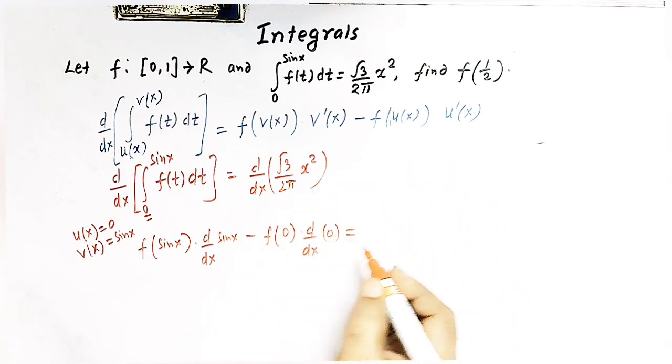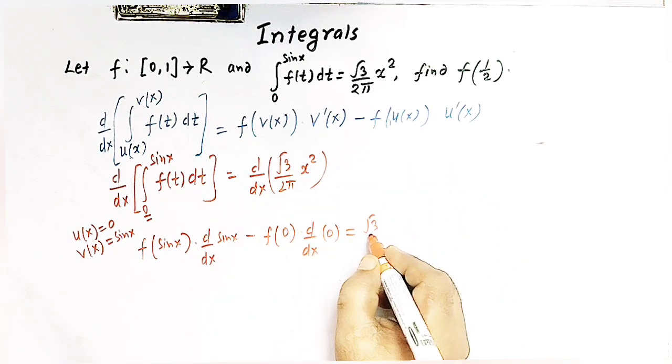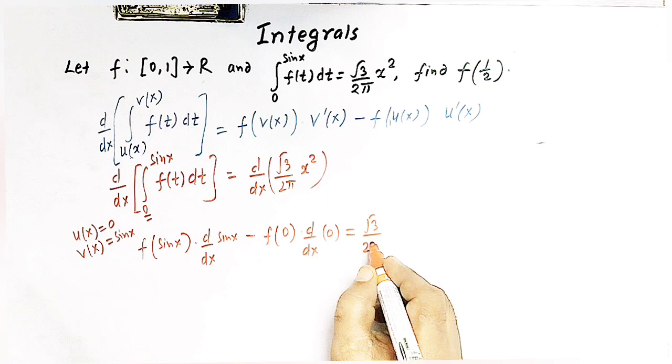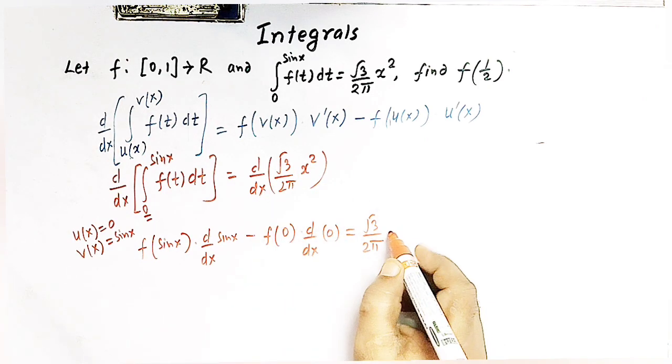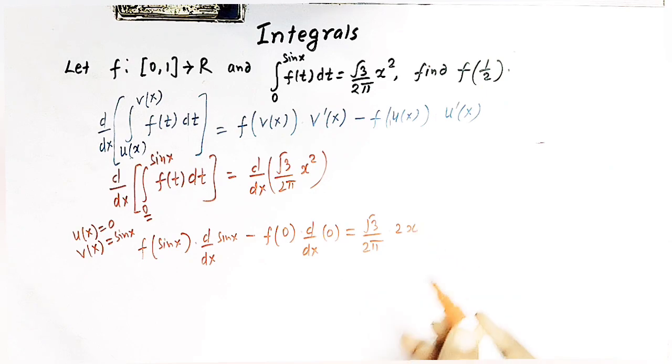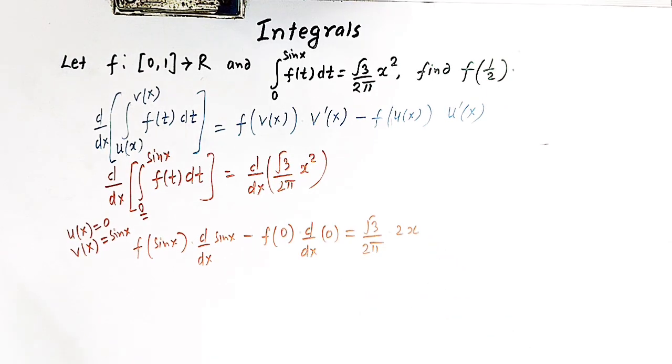On the right hand side we have square root of 3 over 2 pi, and the derivative of x squared with respect to x is 2x.